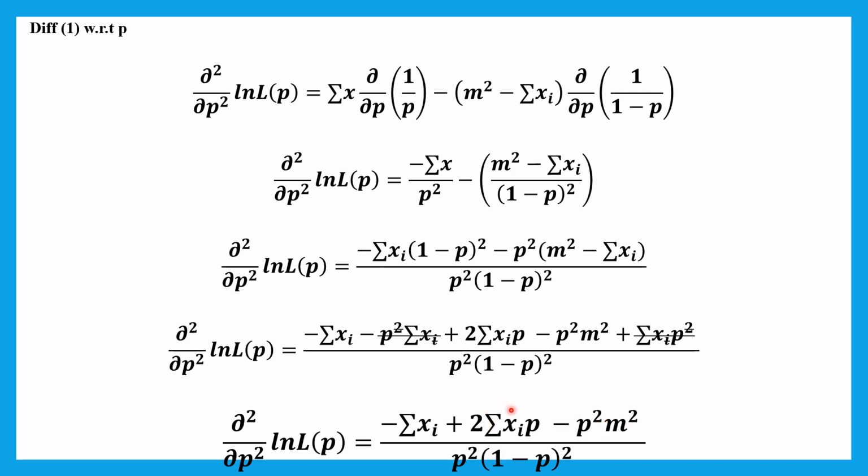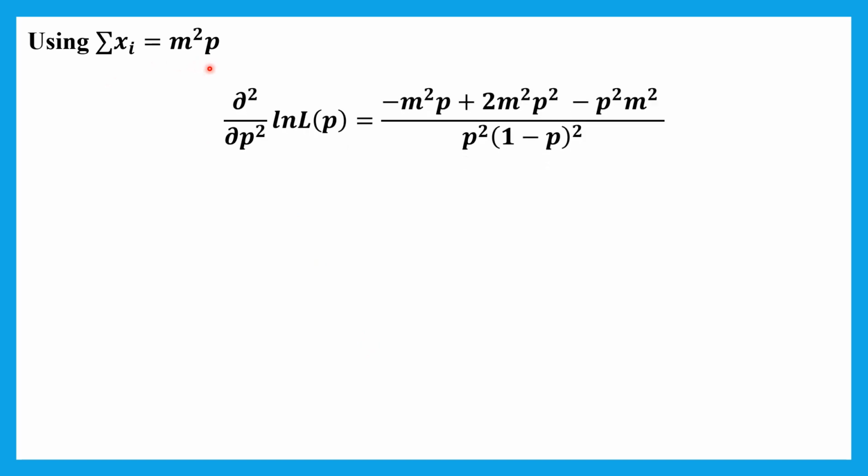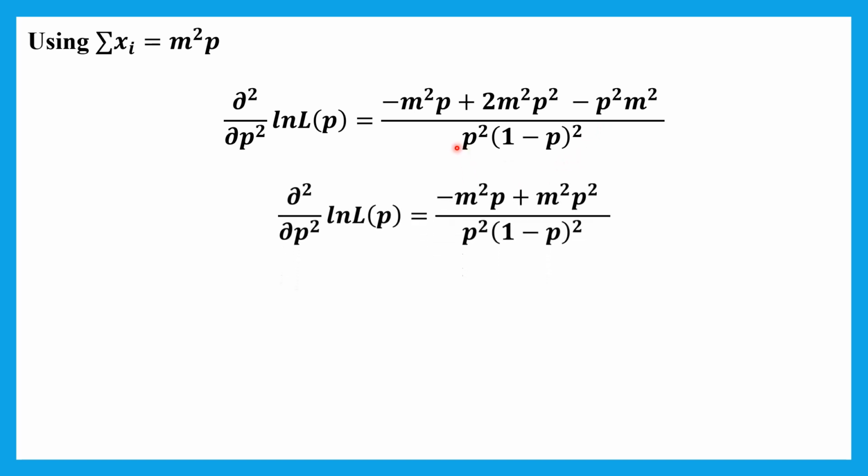Now for summation xi we will use our result, which is m square p. Using summation xi equal to m square p, we would have minus m square p plus 2 m square p square minus p square m square over p square into 1 minus p square, which gives minus m square p plus 2 m square p square minus p square m square, that is plus m square p square.